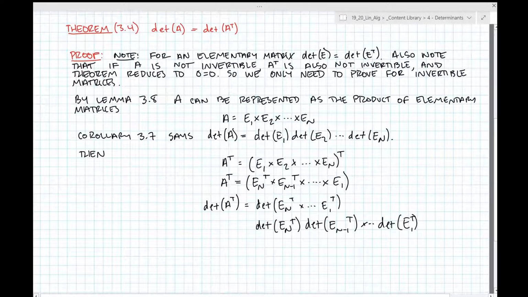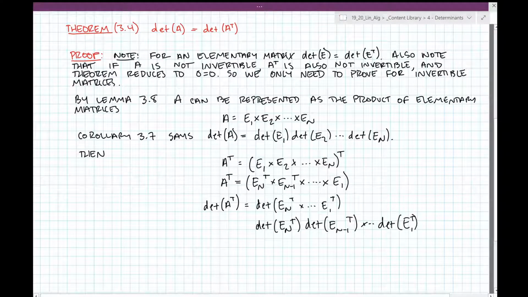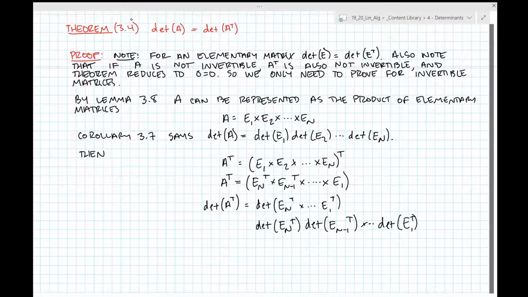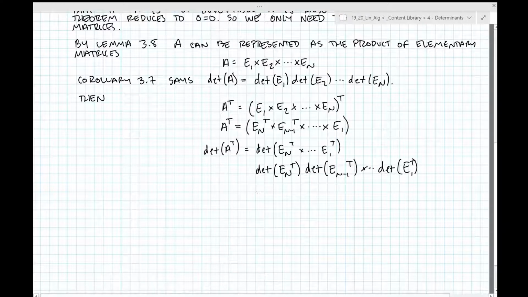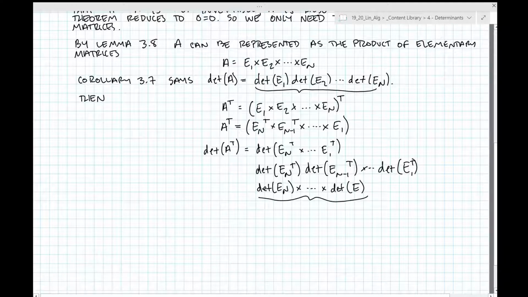But remember, for an elementary matrix, the determinant of E is the same thing as the determinant of E transpose. So this is really the determinant of En times all of these other things times the determinant of E1. And these are all just numbers, and if you multiply numbers in this order or in that order, you're going to get the same thing.